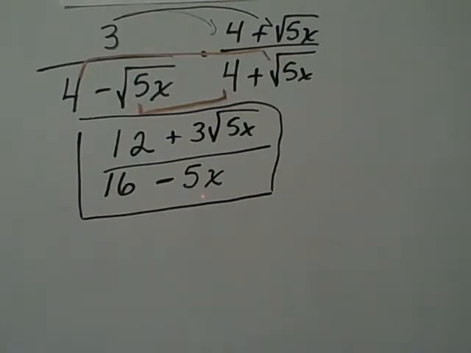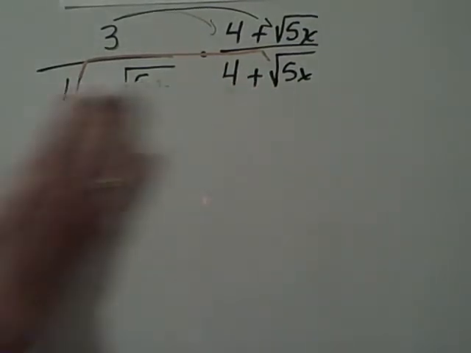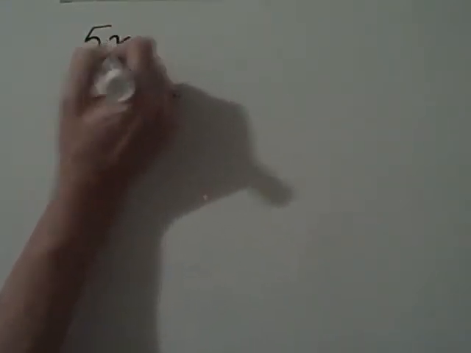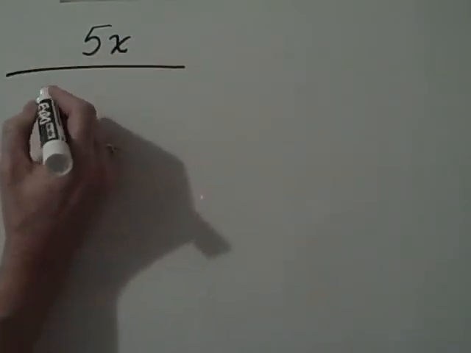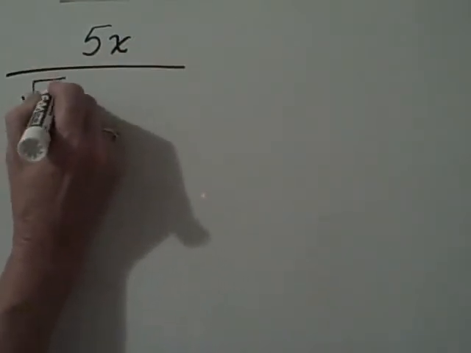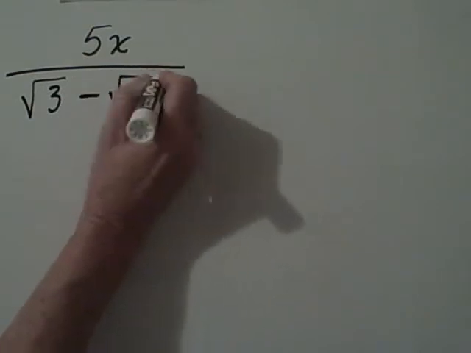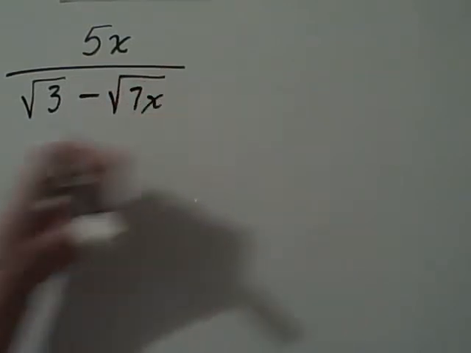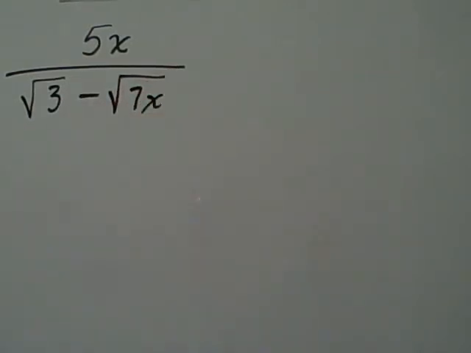Let's try another example. This time we'll put 2 radicals in the denominator. Let's look at the example 5x divided by the square root of 3 minus the square root of 7x. Once again, how are we going to simplify this and rationalize the denominator?